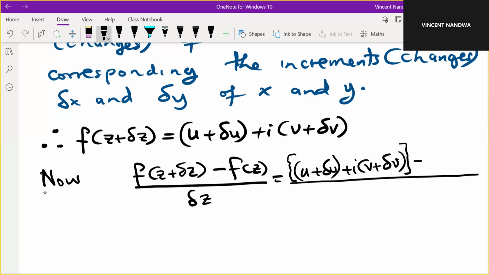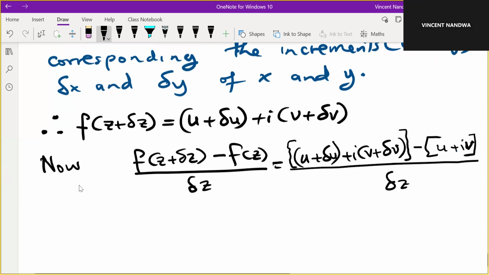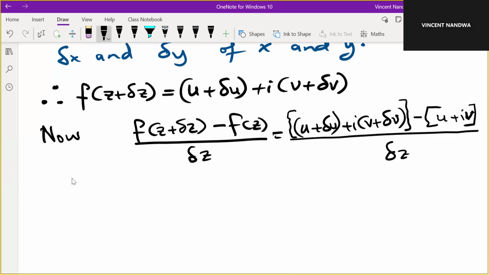Correct. And then divided by delta z. So that's just by definition, replacing the value in the formula as per the definition of f of z and f of z plus delta z. That's the same way we were defining this difference quotient when we were doing differential calculus.